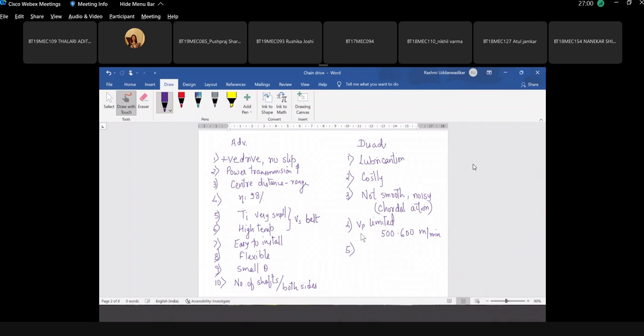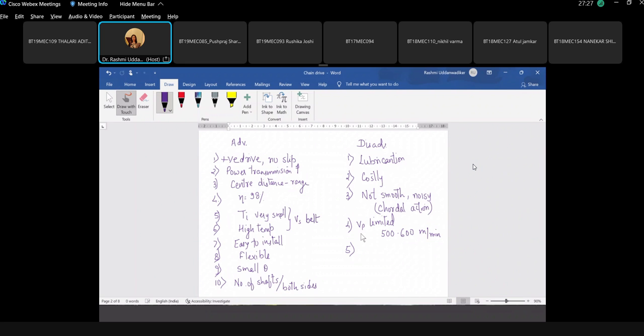Chain will slip at high velocity? No. It's not because of high speed that it would slip. It would slip if it is loose. If the assembly is not proper, then it would slip off. Any other reason?